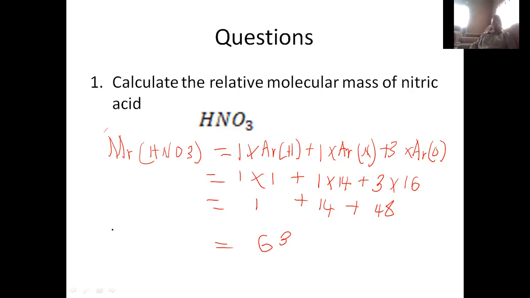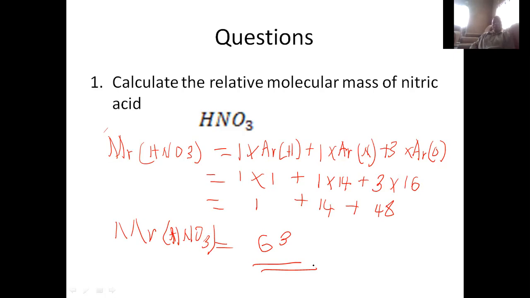So the relative molecular mass for nitric acid is 63.